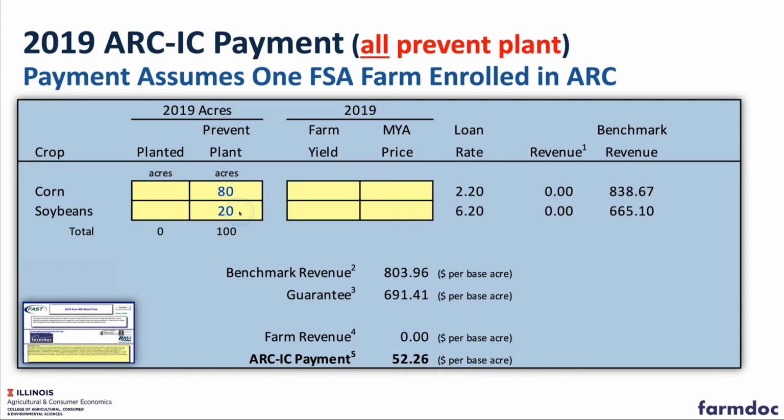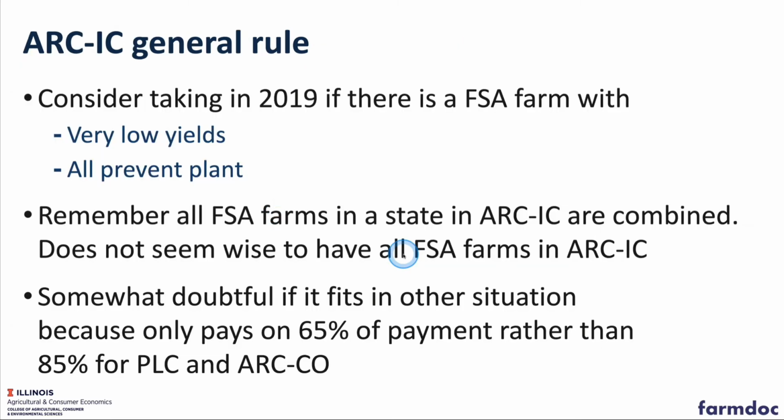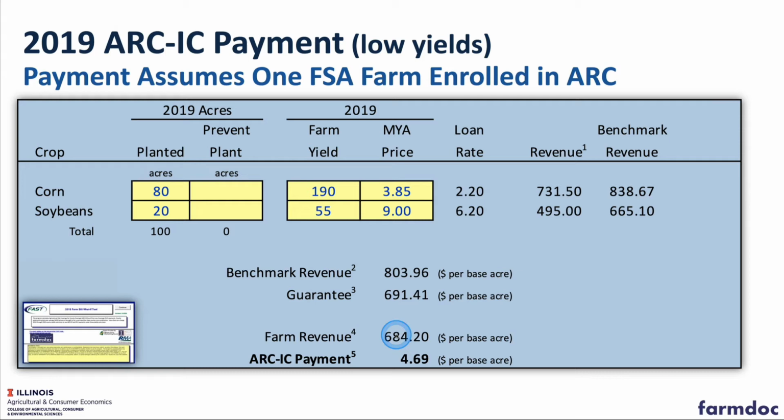Now, our next example has 80-20 planted. The minute you plant anything, the prevent plant acres don't matter. You don't want an FSA farm because in this case the revenue will be calculated based on what's planted.